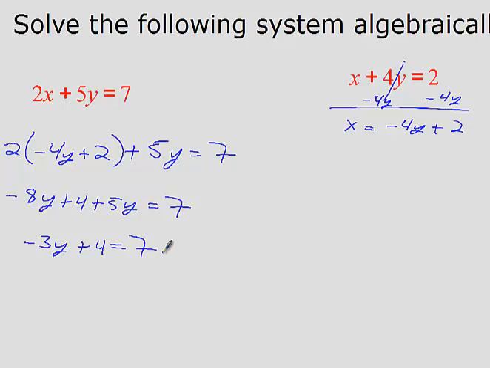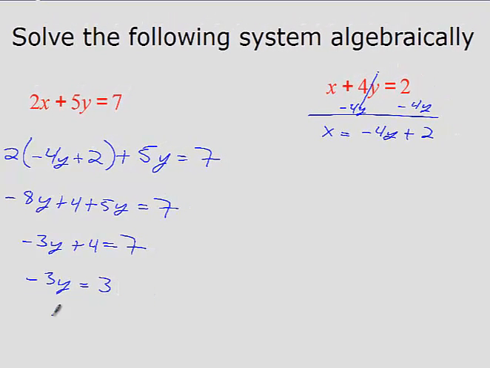And how do I get y by itself? Minus the 4. And then divide by, not 3, but negative 3, right? So what's 3 divided by negative 3? Negative 1. So y equals negative 1. So now I have the y coordinate to my solution. Any questions on how I did that? Yes or no?